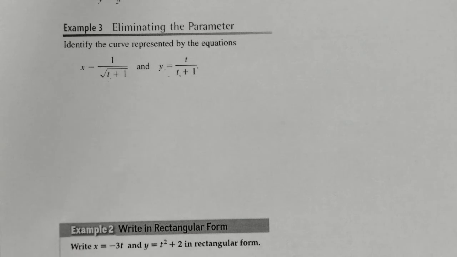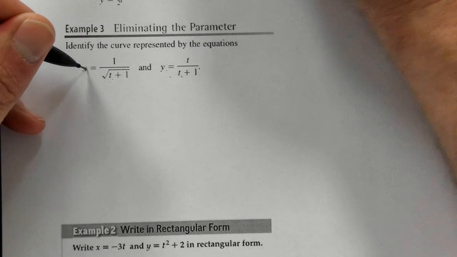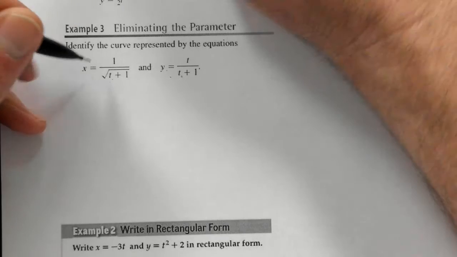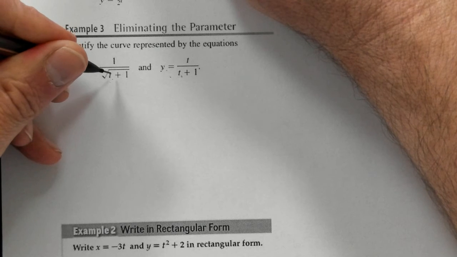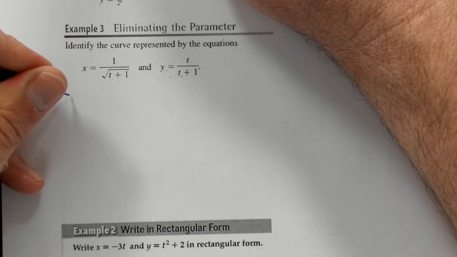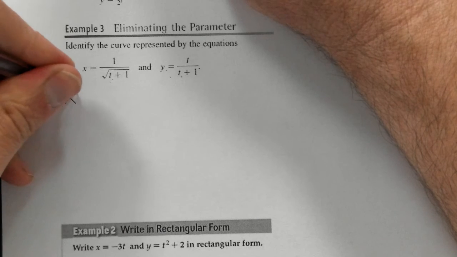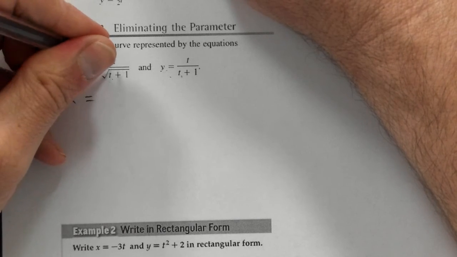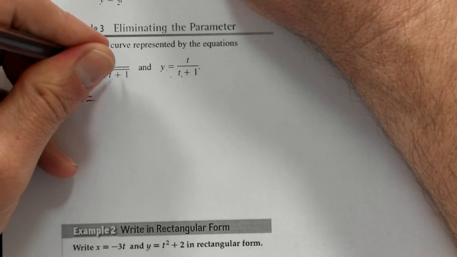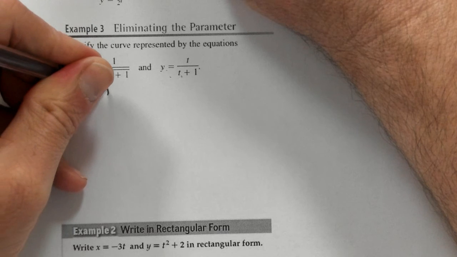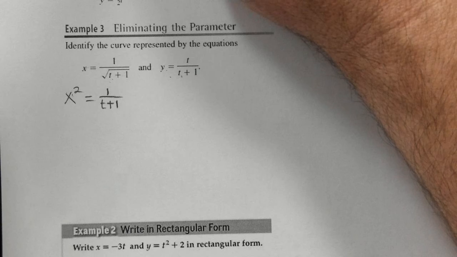So what we can do is take the x equation and solve it for t, right? And so now when I do that, the first thing I can do is square both sides. So that'll give me x squared is equal to 1 times 1, there's 1. But square root of t plus 1 times the square root of t plus 1 is just t plus 1, right?